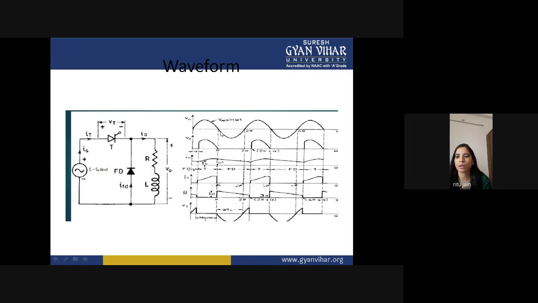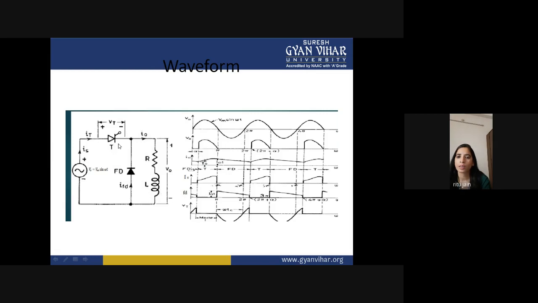Now we come to the next negative half cycle. You can see over here in the load, the inductor is connected, and the property of an inductor is that it always opposes the change of current. In the positive cycle, the inductor was storing energy.